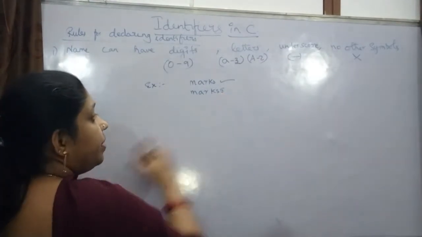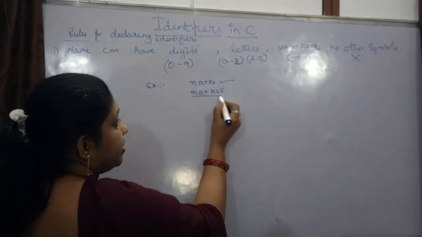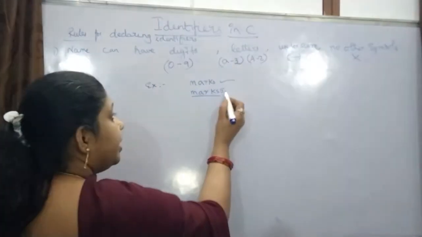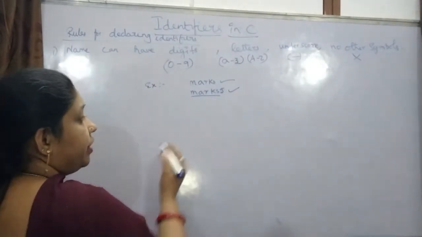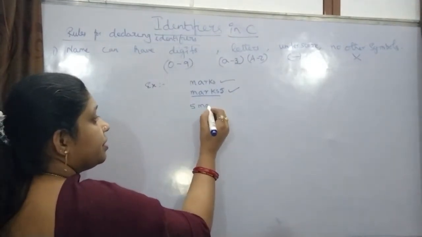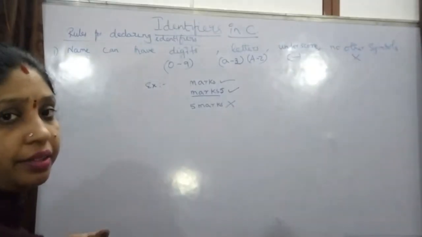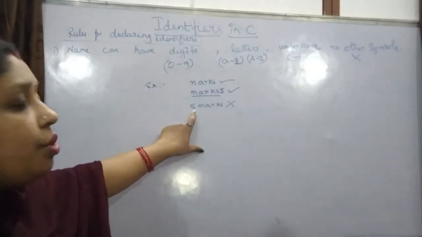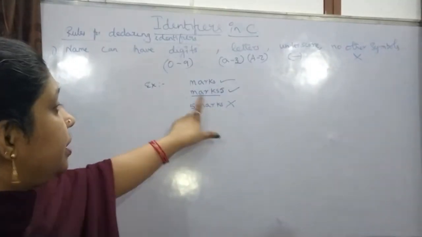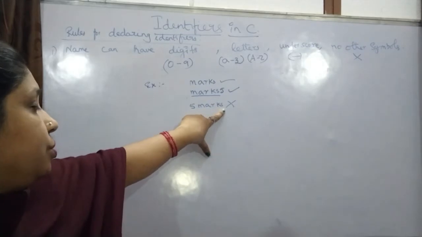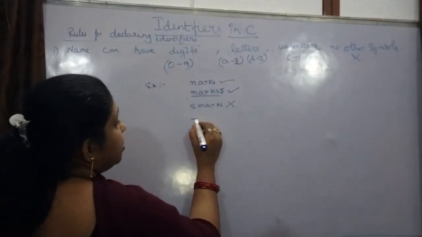First you write the letters, and after writing the letters, then only you should go for a digit. This is a correct identifier. But if you write it the other way, it is wrong. You should not write like that. First you should not use digits. After completing the word, letters, last you can use digits. And you can use underscore like this.